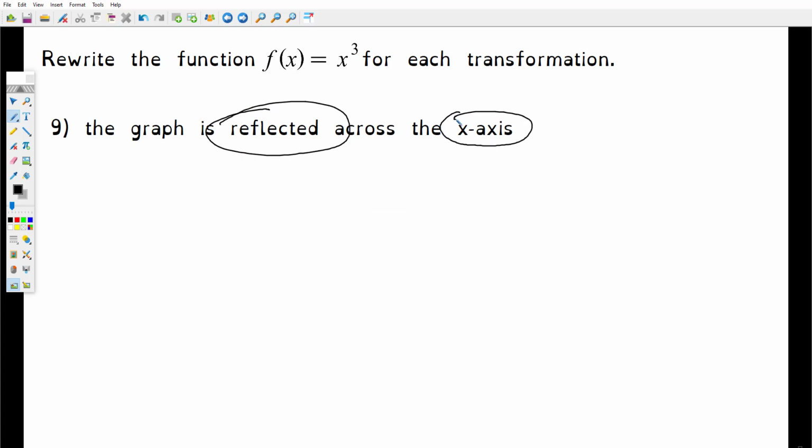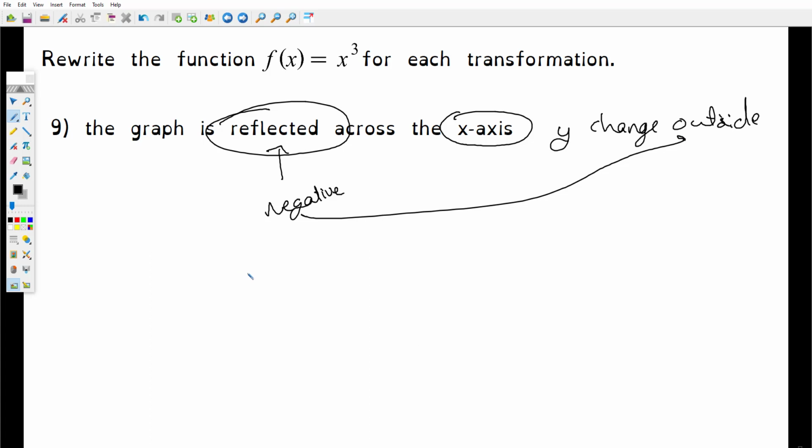When I reflect over the x, that would be a y change, so outside, and any reflection is always going to be a negative. That needs to be a negative on the outside. So g of x is equal to negative x cubed.